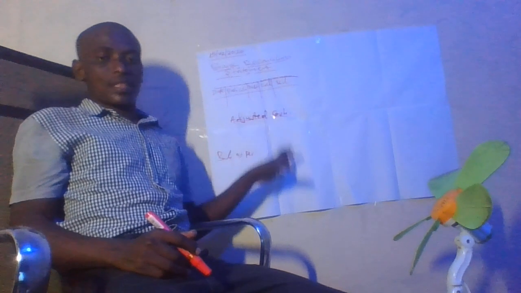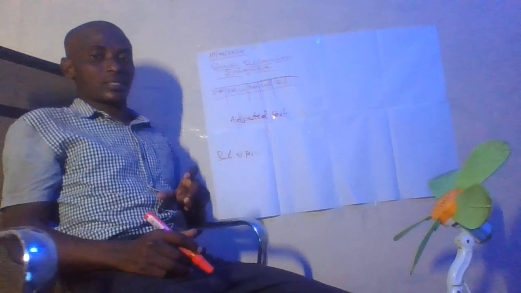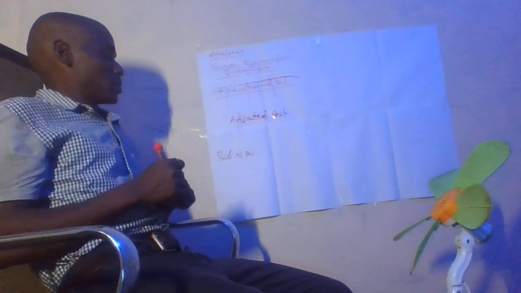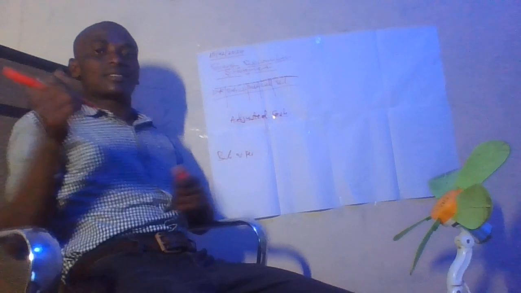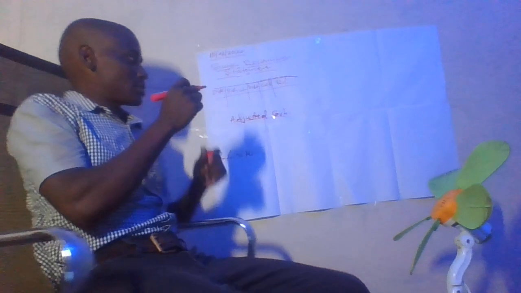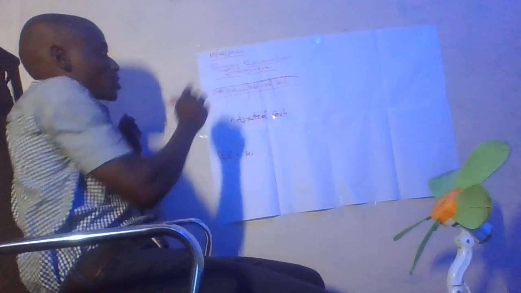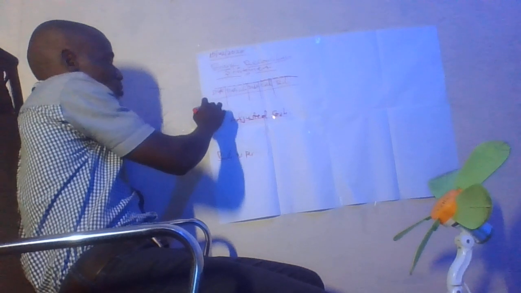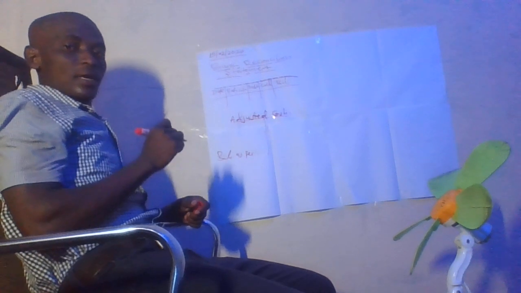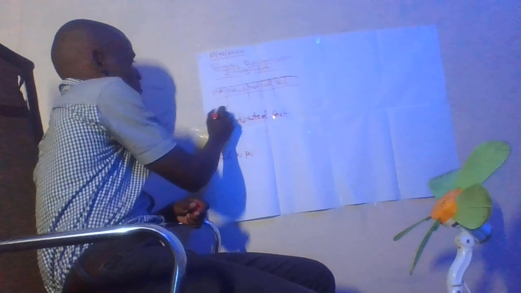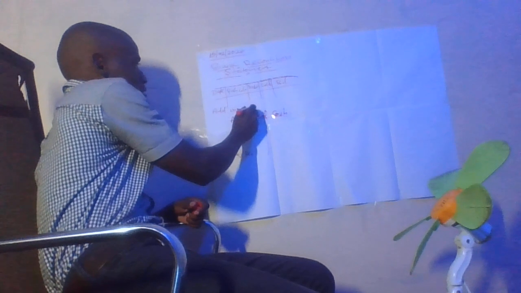Then after recording that, there are things you're supposed to do. Now you add unpresented checks. So under the bank reconciliation statement, after recording the balance as per the adjusted cash book, you add unpresented checks.